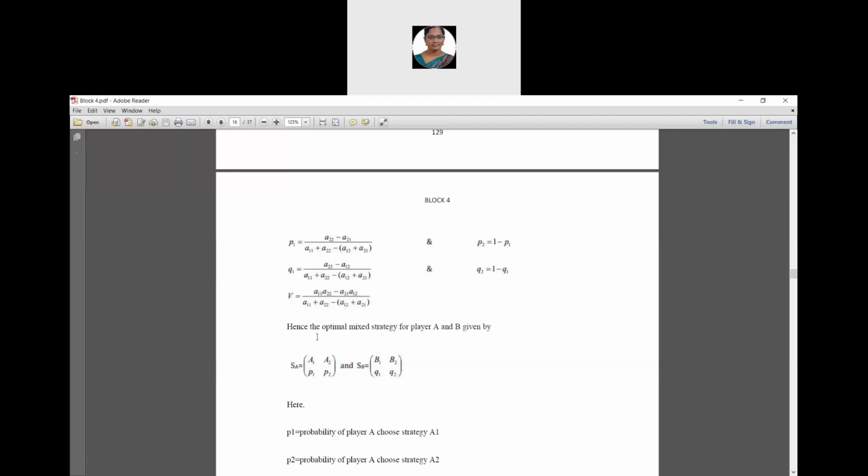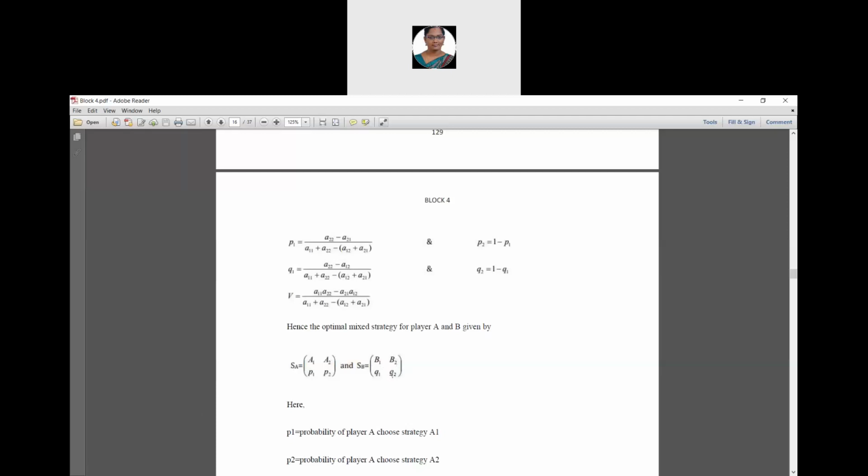Hence, the optimal mixed strategy for players A and B is given by SA is equal to A1, A2 with P1, P2, and SB is equal to B1, B2 with Q1, Q2.